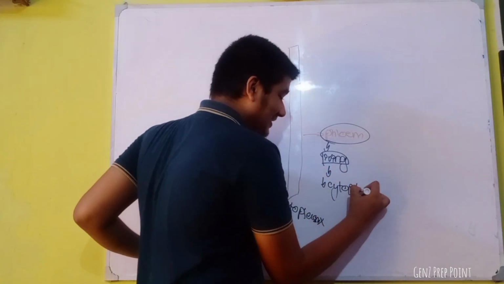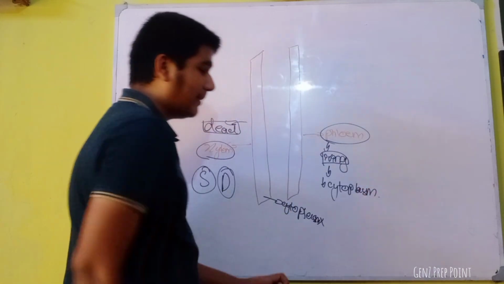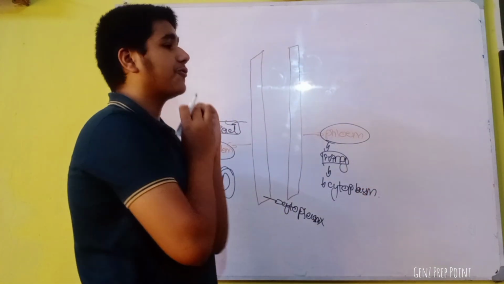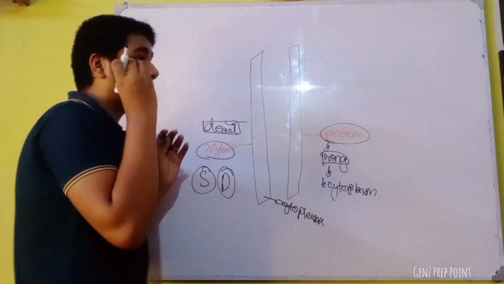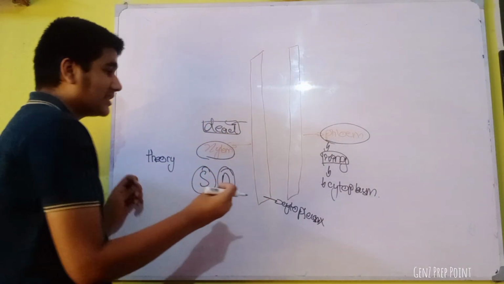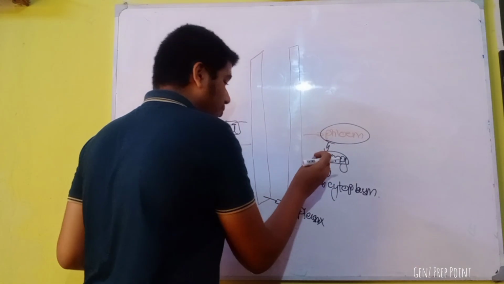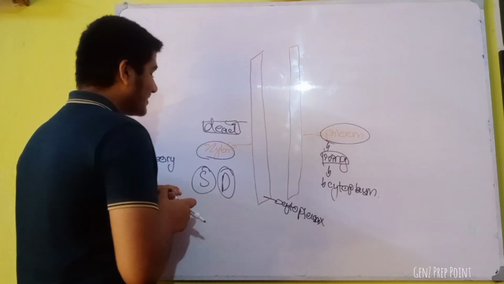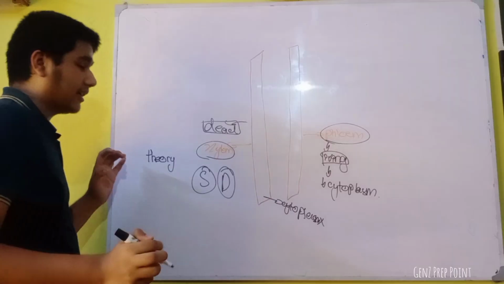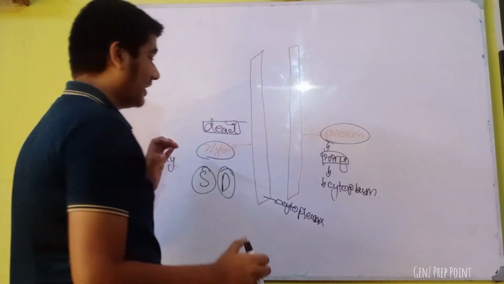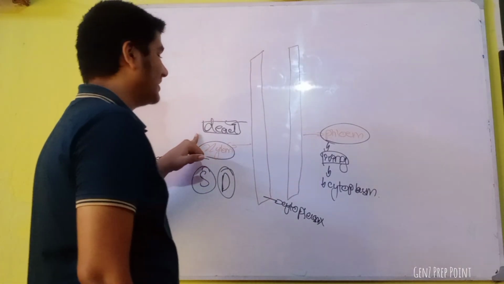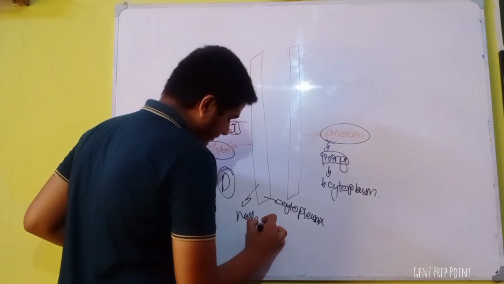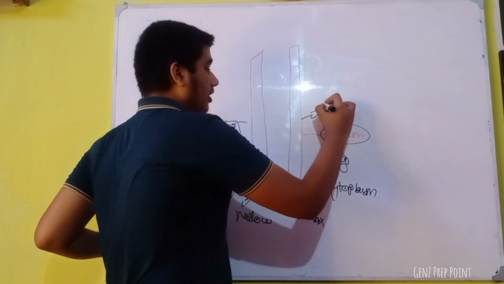We studied that cytoplasm is a living matter. I'm not saying phloem is filled with cytoplasm. It has a few quantities of cytoplasm, and that's why it is considered a living cell. Because xylem doesn't have cytoplasm in it, it is known as a dead cell. It's a hollow tube. Phloem is also a hollow tube.